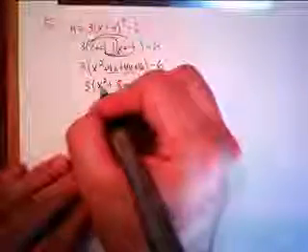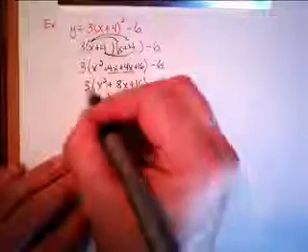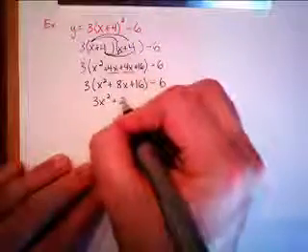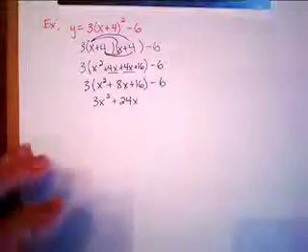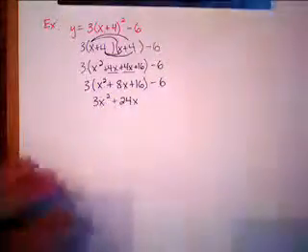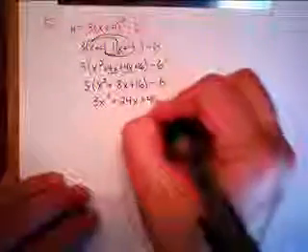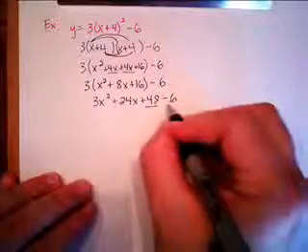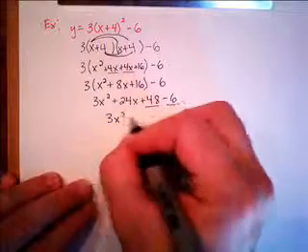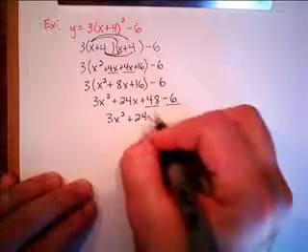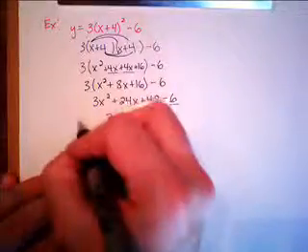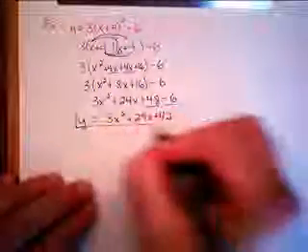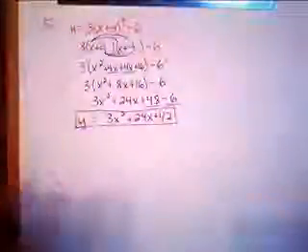So 3 times x squared is 3x squared. 3 times 8x is 24x. And then 3 times 16 is going to get you 48. The minus 6 comes down still. And finally we can combine those two terms, and you have vertex form switched into standard form.